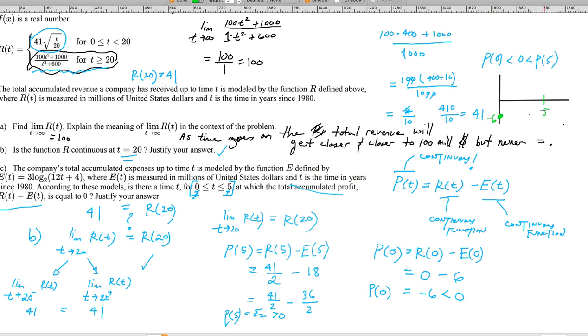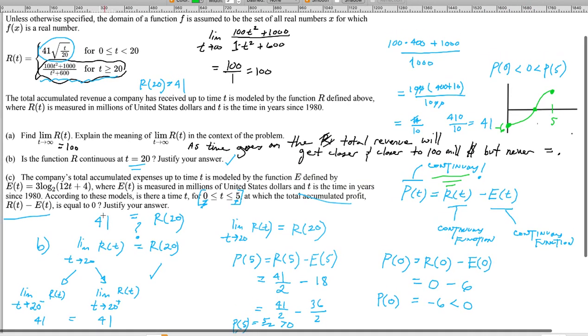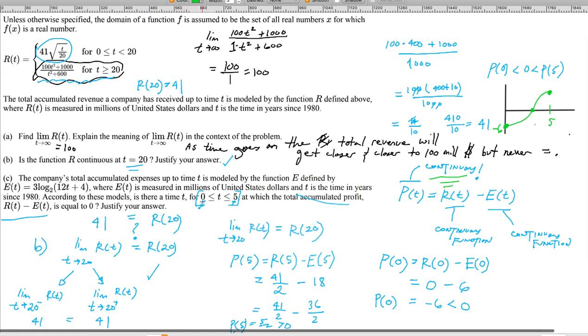And then p of 5 is some positive value, 5 over 2, 2.5, let's say up there. And I know p is continuous. So what must happen? If I'm going to go from this point to this point, there must be some value where p of t is 0. That's what it's asking. It's asking, is there a time t between 0 and 5 for which the total accumulated profit is 0? So is there a time t where p of t is 0? And there must be by the intermediate value theorem.